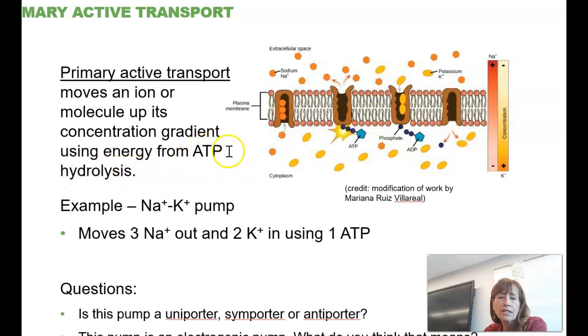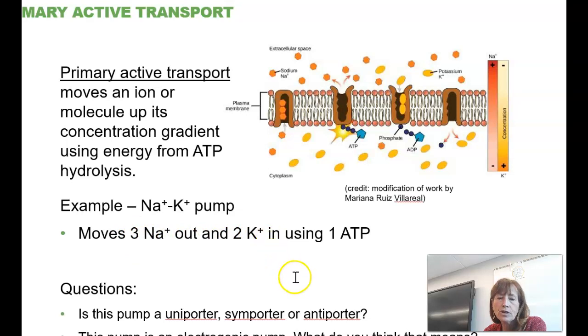The breakdown of ATP by hydrolysis is going to release the energy that's needed to move whatever we're trying to move in or out. And the most famous example of this is the sodium-potassium pump. It's the sodium-potassium pump that's going to move sodium out and bring potassium in. Notice that the ratio is that more sodium ions are going out than potassium ions are coming in.